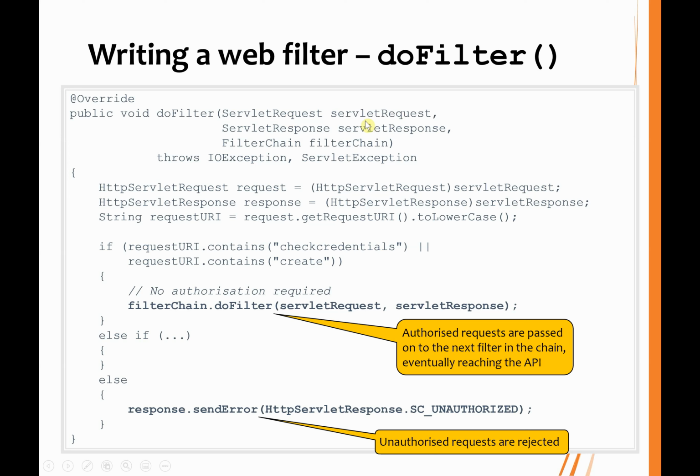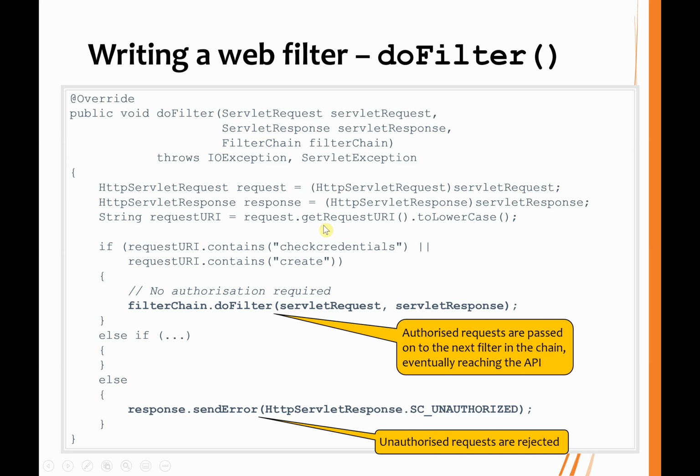The DoFilter method receives request and response information as a parameter of type servlet request and servlet response. And so what I'm doing here is typecasting the servlet request and servlet response into the HTTP version.